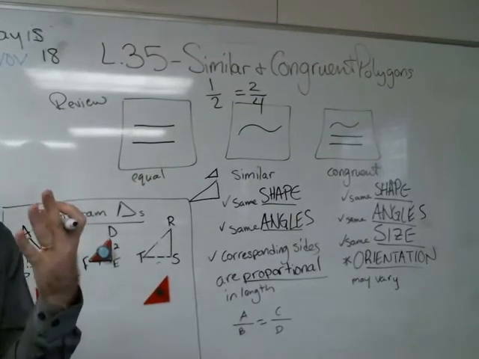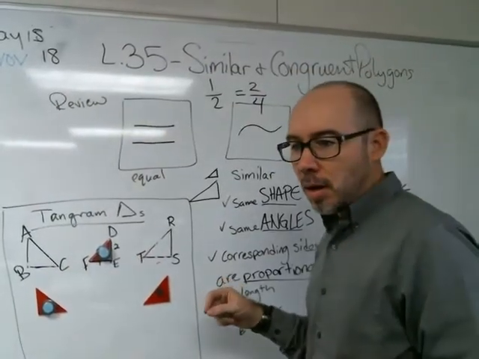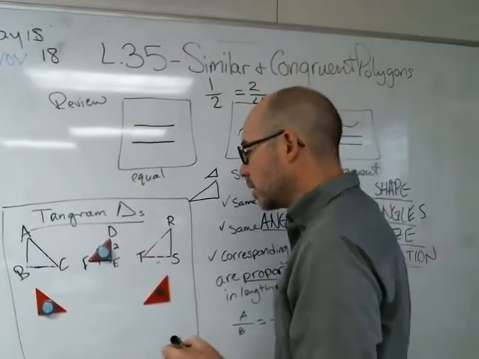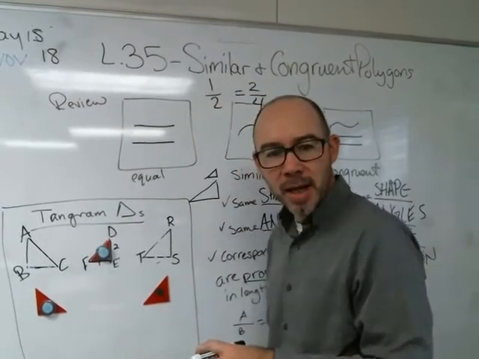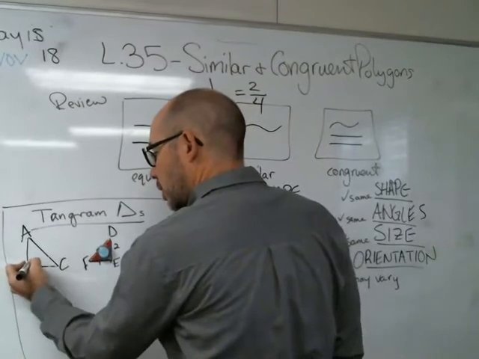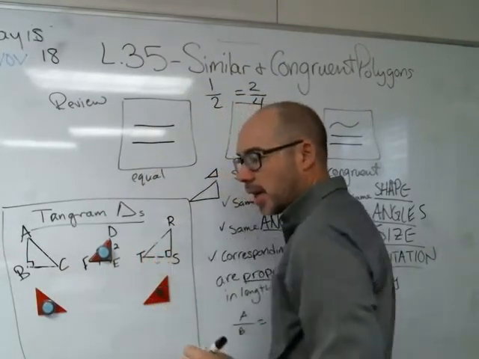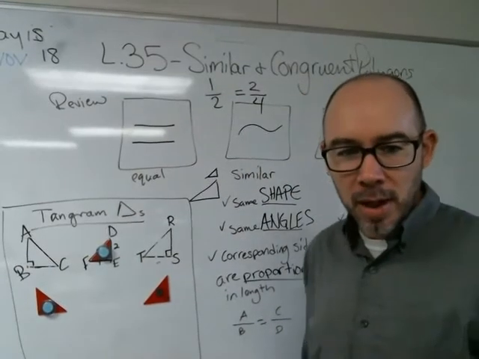If it's not obvious to the eye, mathematicians use little markings on their objects to show these things, that there's corresponding sides and corresponding angles. And here's how they do this. We say with the angles, that little thing means a 90-degree angle, and all 90-degree angles are the same.